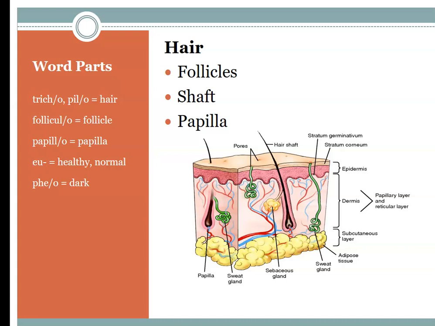Hair is colored by the pigment melanin, and the eumelanin gives hair a black or brown color, while the pheomelanin results in red or blonde. And if you're looking over at your word parts, you've got tricho or pilo equals hair, folliculo is follicle, papillo is papilla, eu is healthy and normal, and pheo is dark.